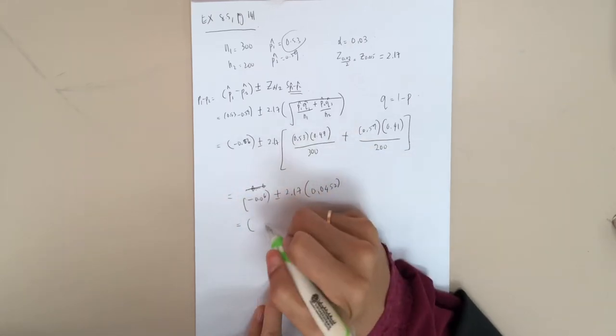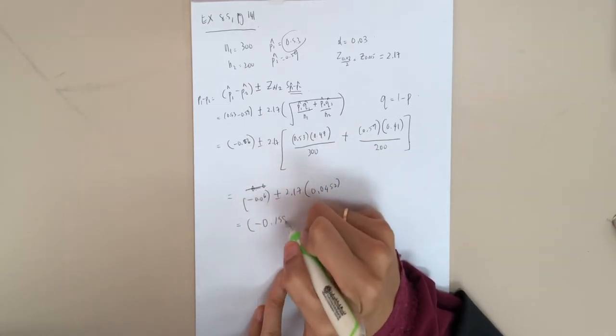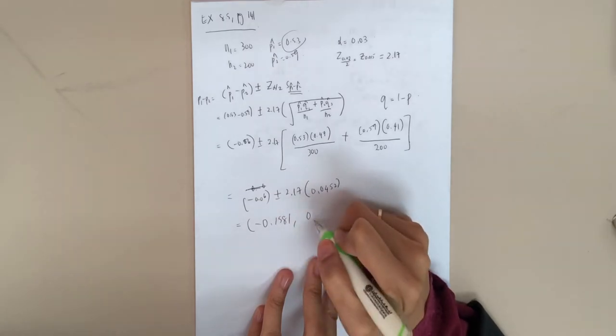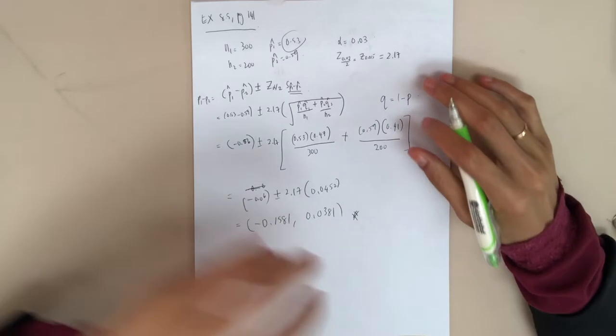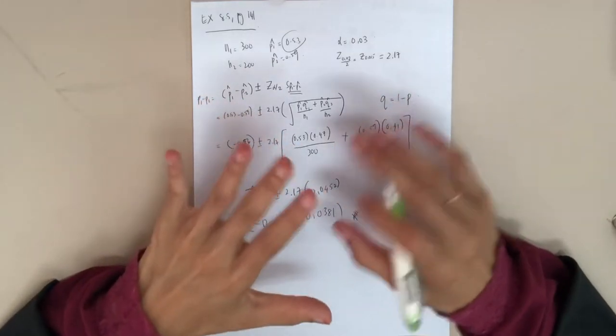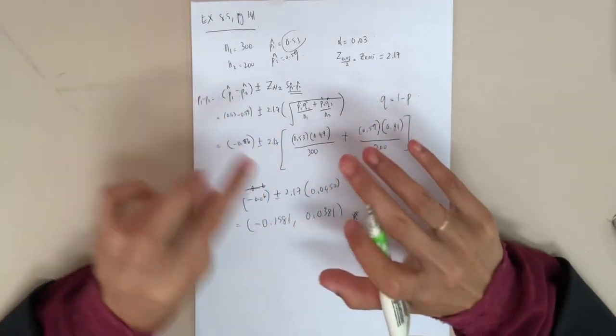The final answer is negative 0.1581 comma 0.0381. Okay, so just substitute all the information that we have into the formula.